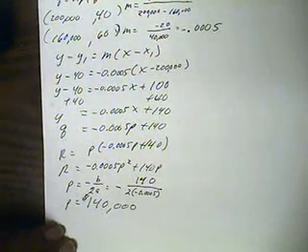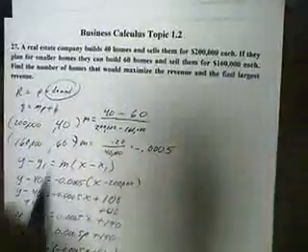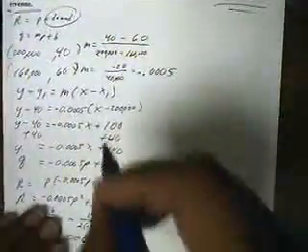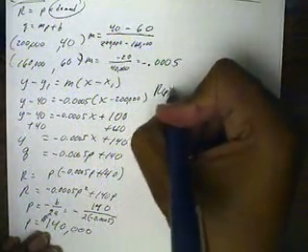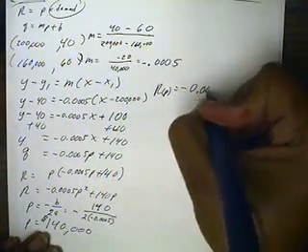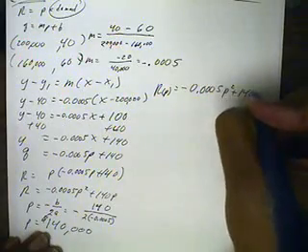Furthermore, my maximum revenue, okay, I want to find the largest revenue. Well, it says here that the revenue function is equal to negative 0.0005 p squared plus 140 times p.